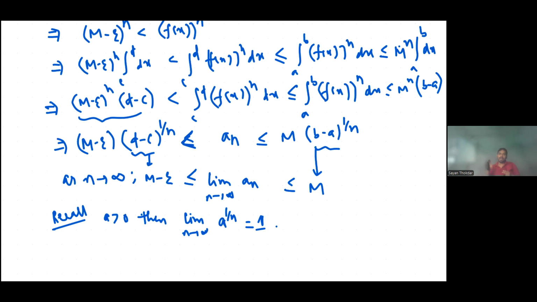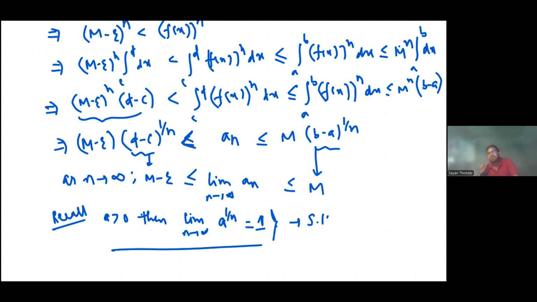And the remaining case, when a is less than 1: take a equal to 1 by b, where b is greater than 1, and similarly this case works, so 1 goes to 1 and bn goes to 1, so a to the 1 by n goes to 1. This is an easy problem, and you can refer to Schaum's as well.